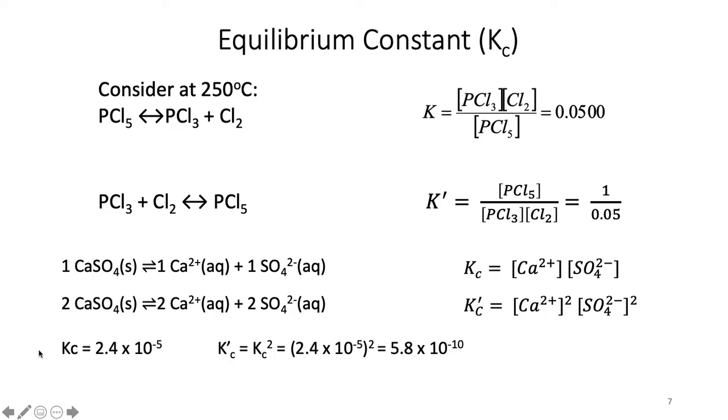If I'm given Kc, all I have to do to calculate K prime C then is to raise this number to the second power. So square it, and it gives me this value for the reaction where I doubled everything. I multiplied it by 2.